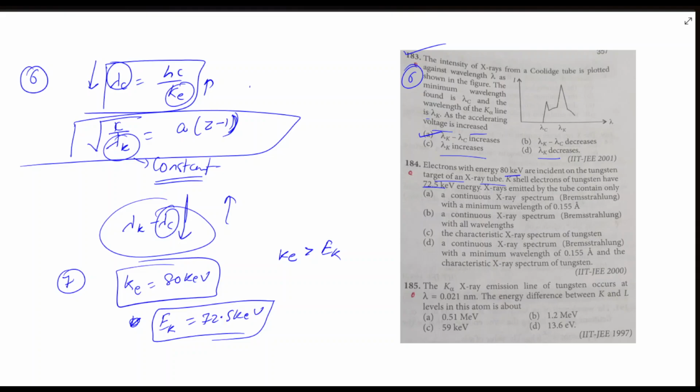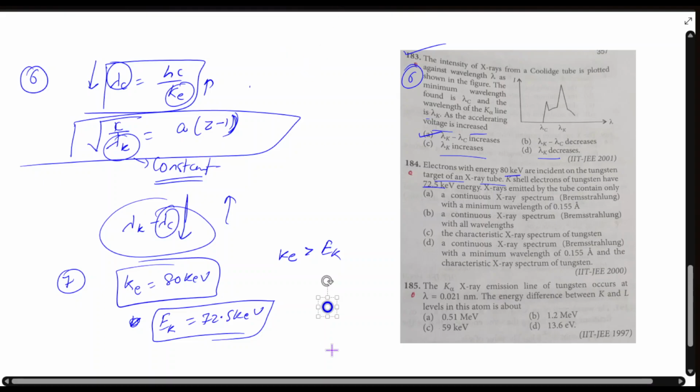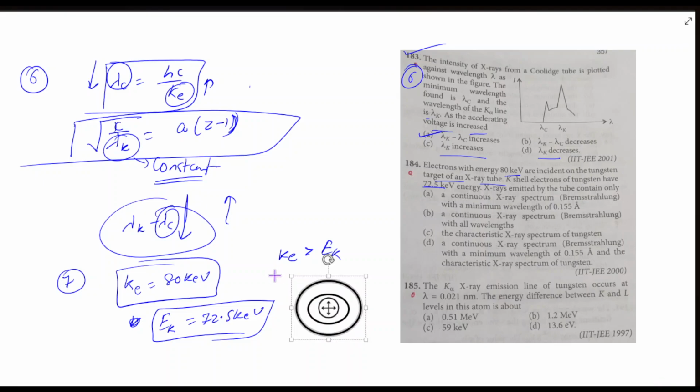Let me make the diagram for you. So we have a nucleus here, and these are our electrons, and there will be a lot of electrons here.